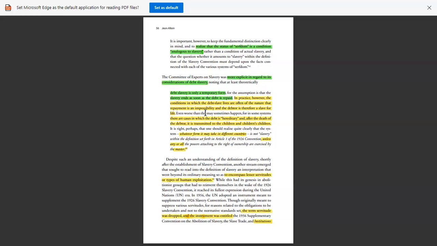So it's interesting that they even admit right there that in debt slavery and debtor's servitude, it's basically impossible for the debtor to pay off their debt, and they become a slave for life. There are cases in which debt is hereditary, and after the death of the parent, it is transmitted to the children and the children's children.